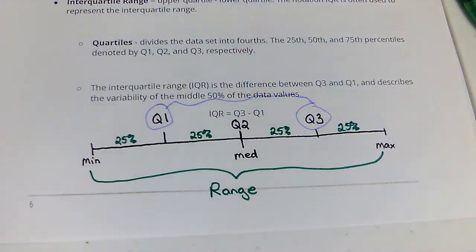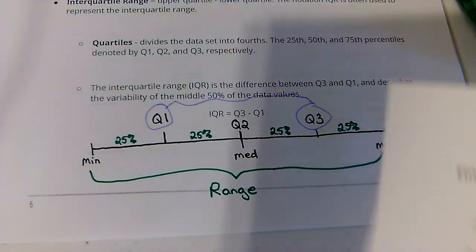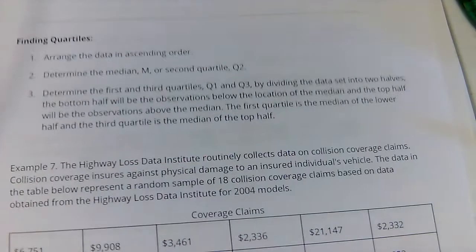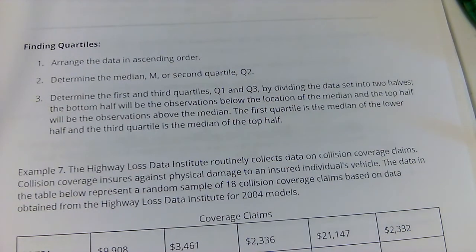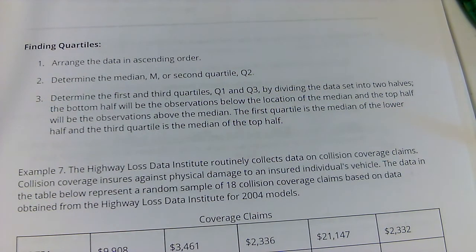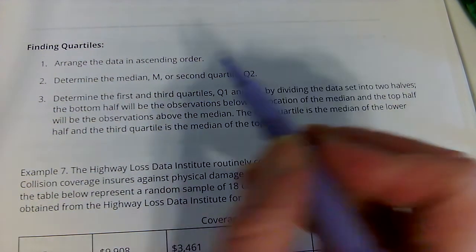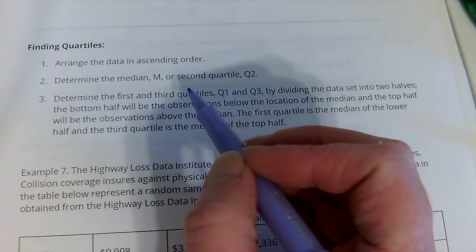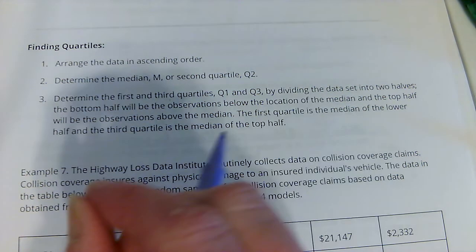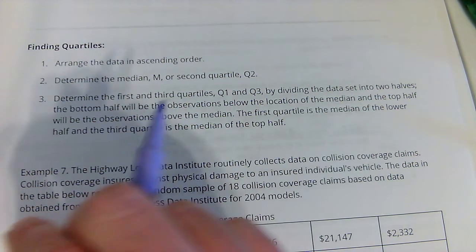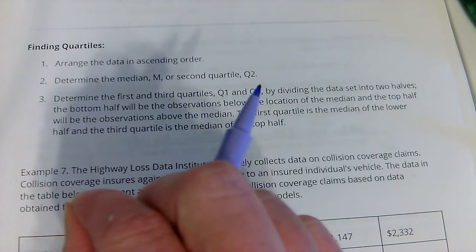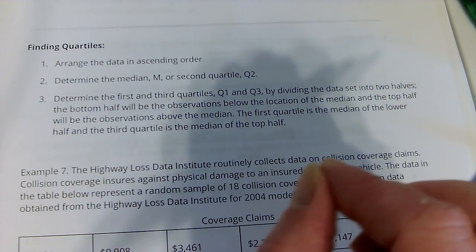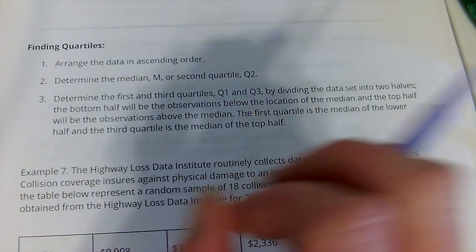So let's think about how we would find that quartile. We would arrange the data in ascending order, like you would if you were finding the median. You would determine the median, and then you would go halfway between the beginning and the median, and then halfway between the median and the end.